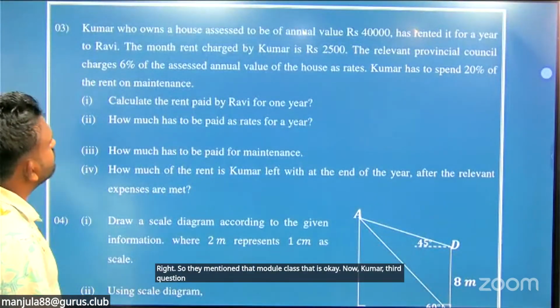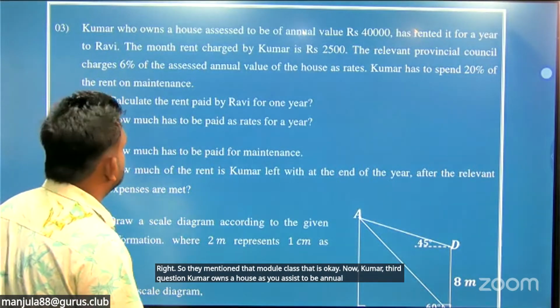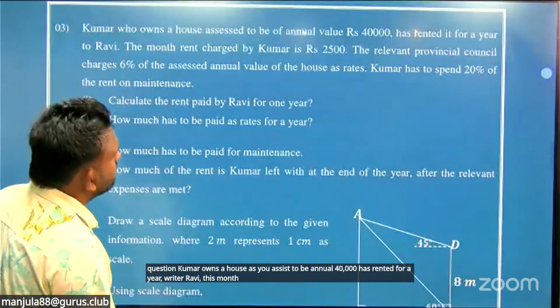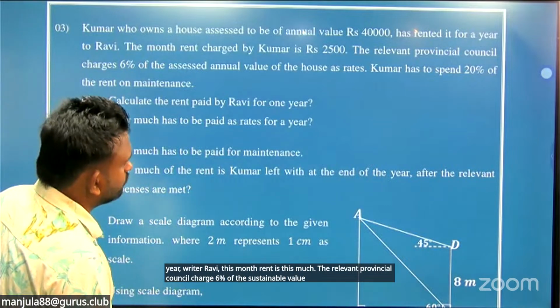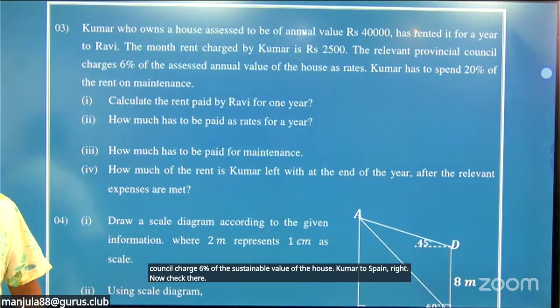Kumar owns a house assessed at an annual value of 40,000, and it has been rented for a year. Ravi's rent this month is this much. The relevant provincial council charges 6% of the assessed annual value of the house as rates. Now check the answer there.